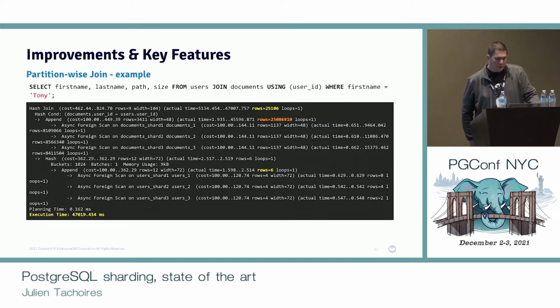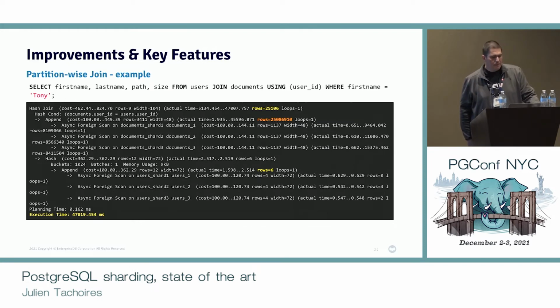If we take a look at the execution plan, we can see that foreign scans of users partition are issued and 6 rows are fetched because of the where clause. So we are basically scanning all the users partition, and only 6 rows are fetched.